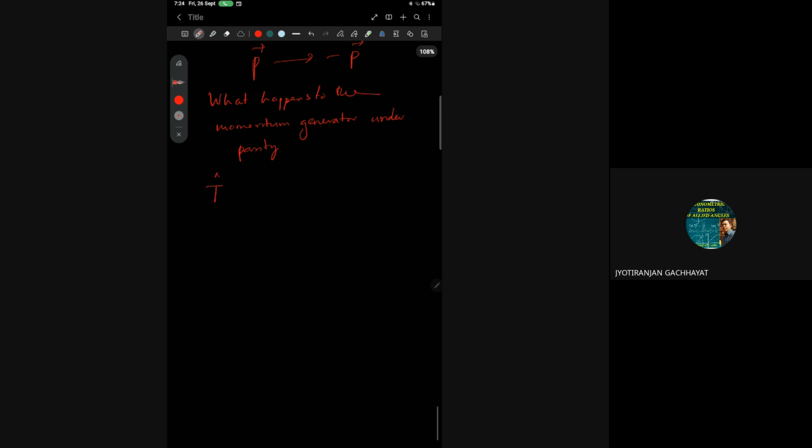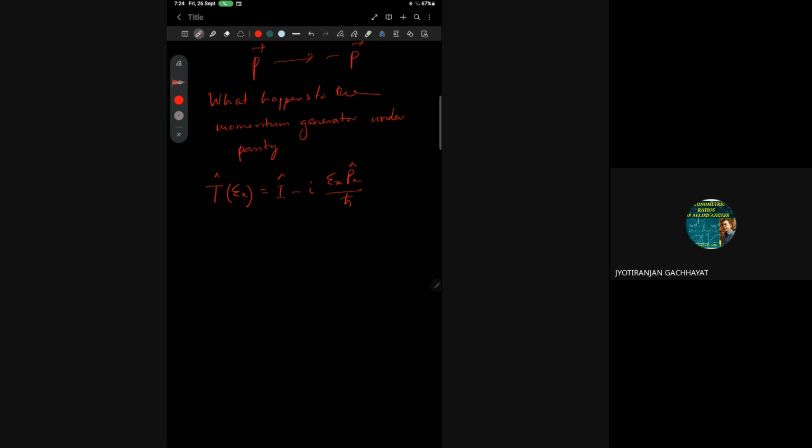If you can recall, T of epsilon x is equal to identity minus I epsilon x px by h cross.